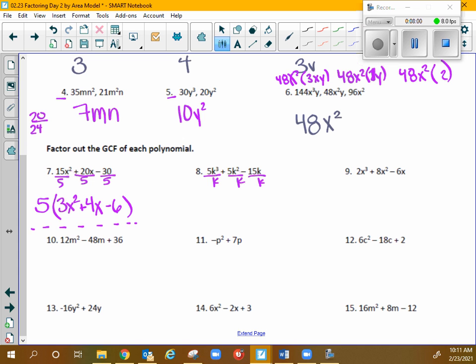So I'm not just going to make this k, I'm going to put 5k. So now what's going to be out in front? 5k. And then left inside, k squared plus k minus 3. And that's factoring out the GCF.